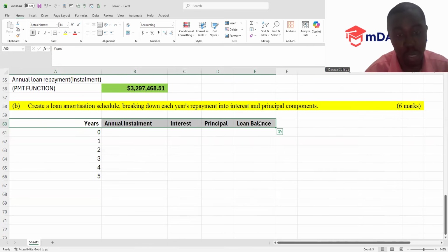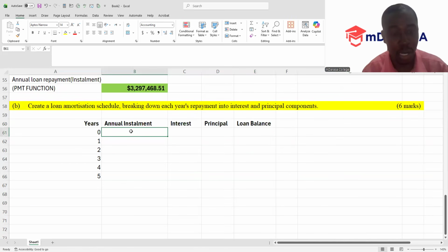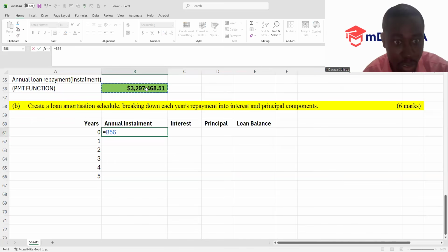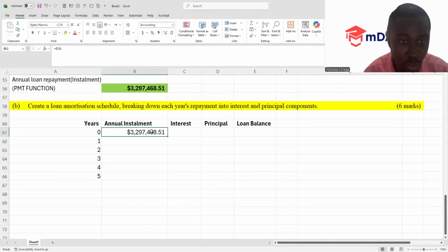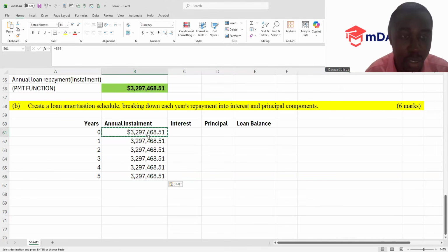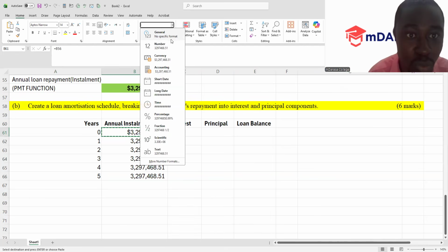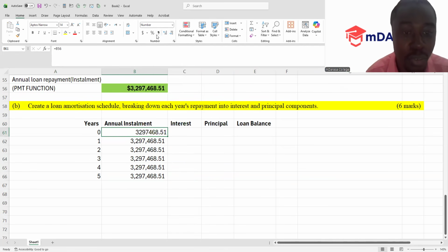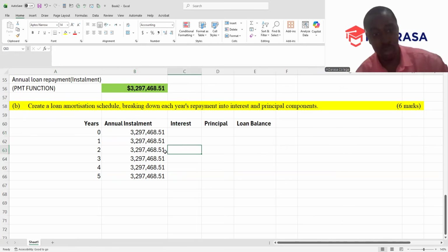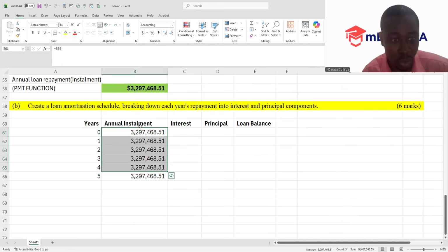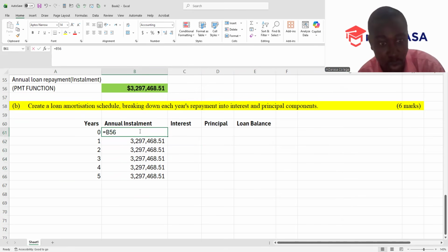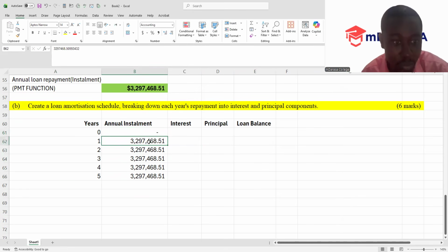So how will you go about it? Our annual interest, already we have computed, which is this value. That is the annual interest that we have computed at that point. Once we have our annual installment, that will begin from year 1.